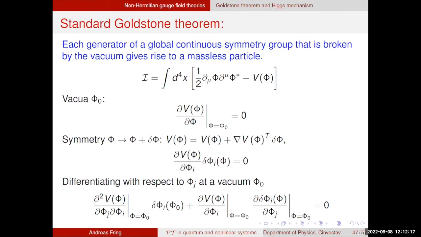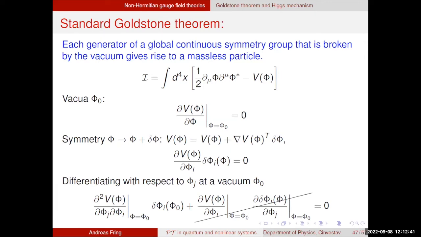And now just a little trick. I'll differentiate this equation now with respect to phi j and evaluate it at the vacuum. So this is easy, just the product rule, and you get this expression. But here we have again the vacuum, which is zero. So this term cancels out, and what you're left with is this equation.